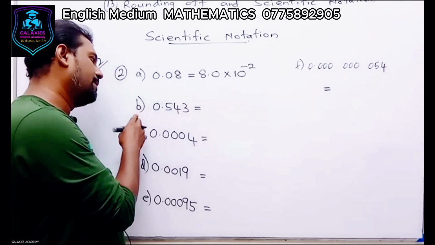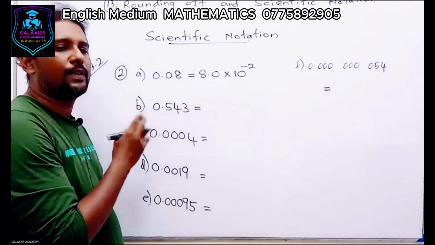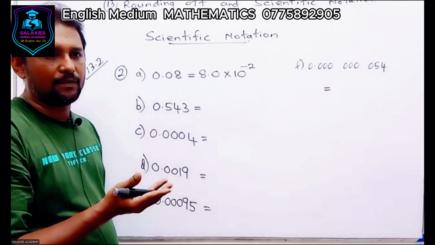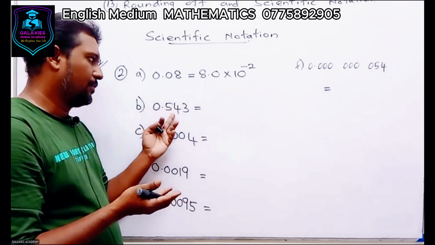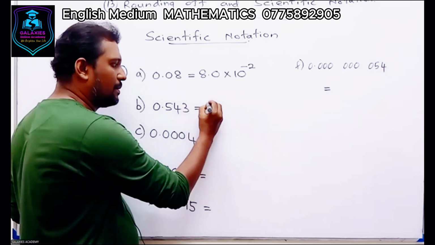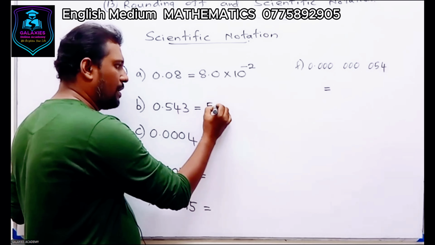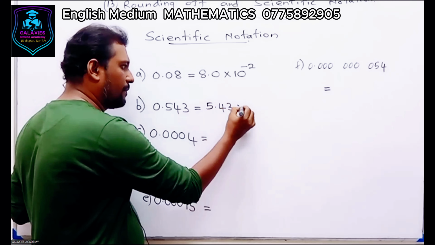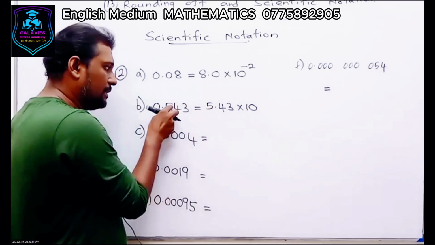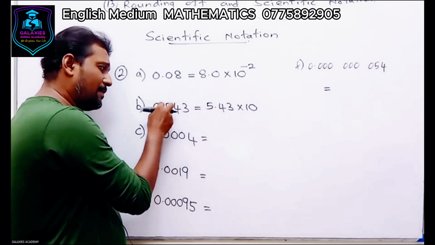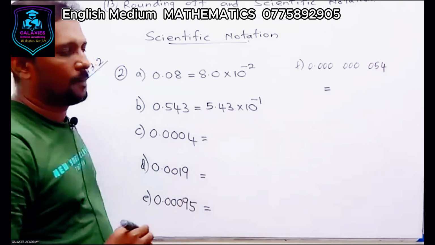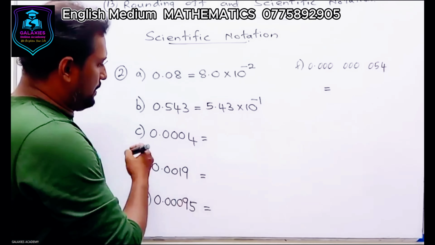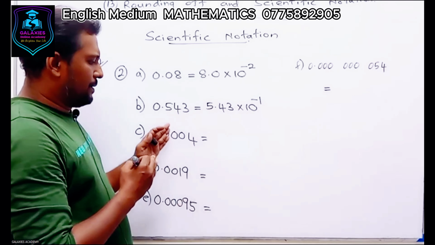Right? You can check your answers with a red color pen. Sample B, 0.543. What is the first digit except 0? 5. So you have to keep the decimal point after 5. 5.43 multiply 10 to the power, how many places? 1 place, negative direction, negative 1. Next one, 0.0004.